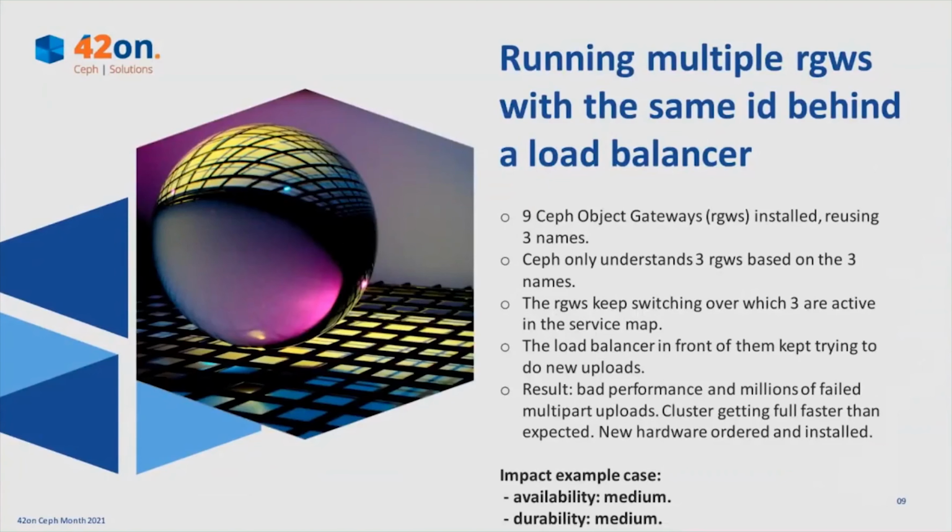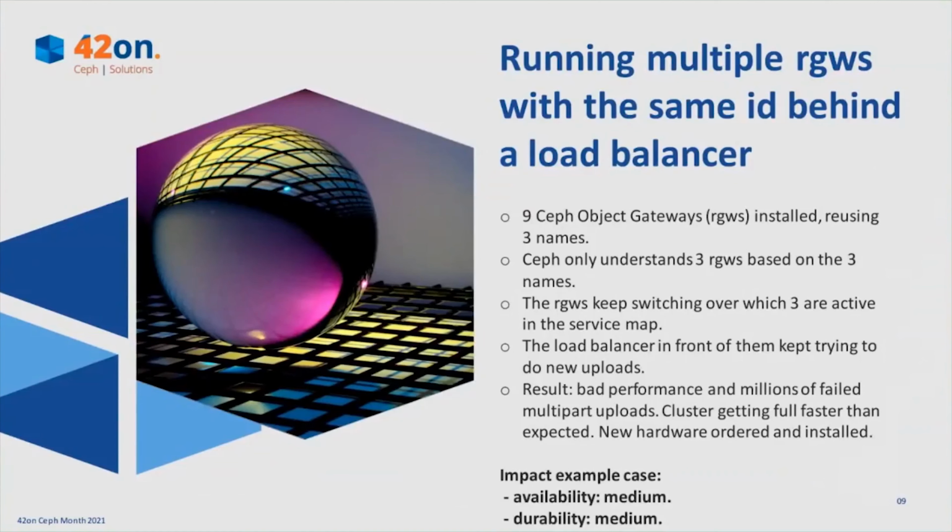This one was also very interesting. We took a while to figure this one out. So we had a customer that was having problems with their RGW environment. And after a while, we saw that the IP addresses in the service map for the RGW service showed 3 RGWs.